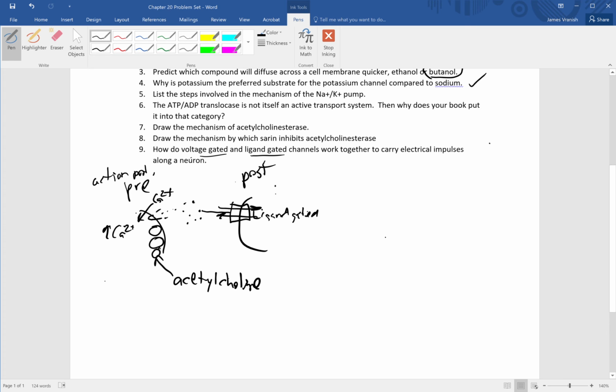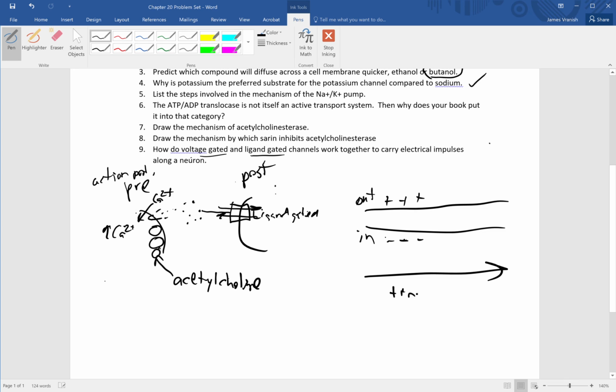Once this action potential has been started over here, we have outside and inside. Let's draw the before state, as time goes.